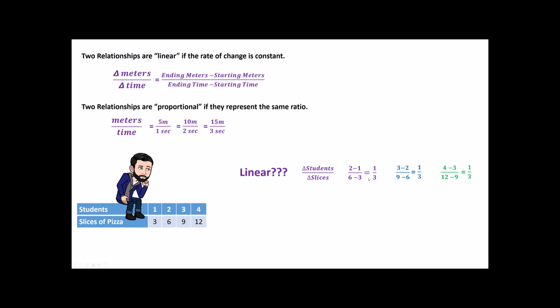Notice that my rate of change is constant. Every time I gain a student, I gain 3 slices of pizza. Therefore, we would say that yes, this is a linear relationship. But is it also proportional?